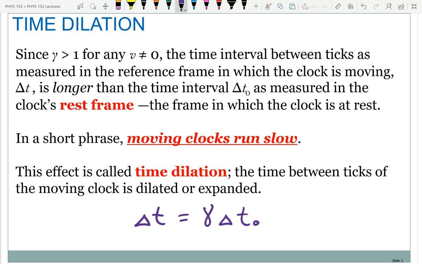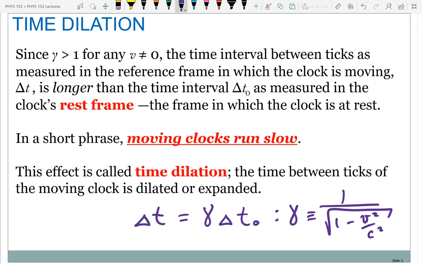If you're inside the train car with the clock, then you have the delta t 0. And gamma is defined as 1 over the square root of 1 minus v squared over c squared.